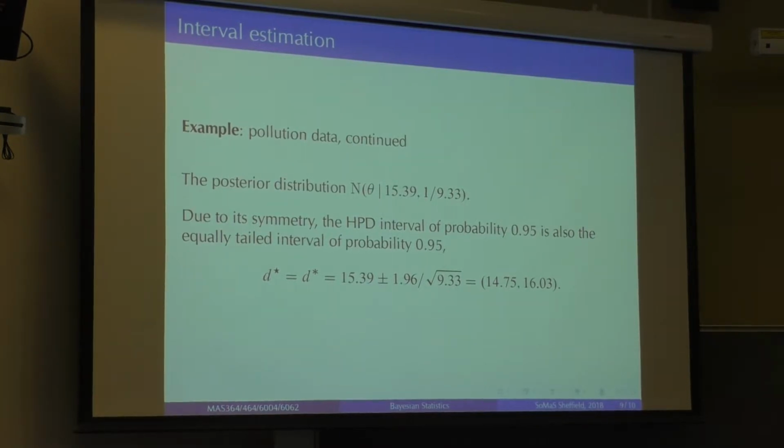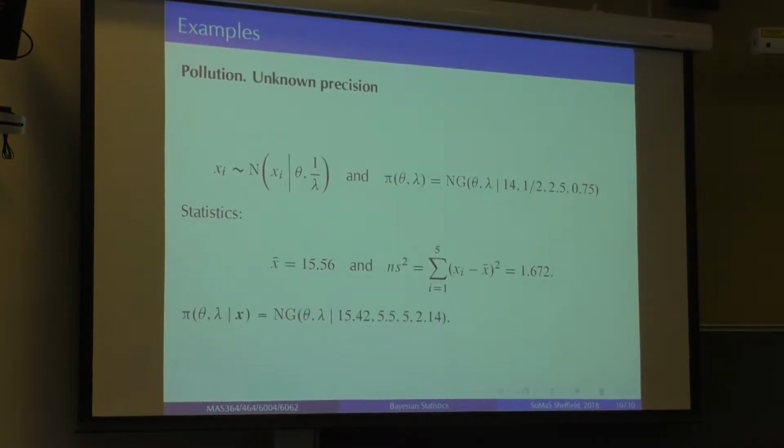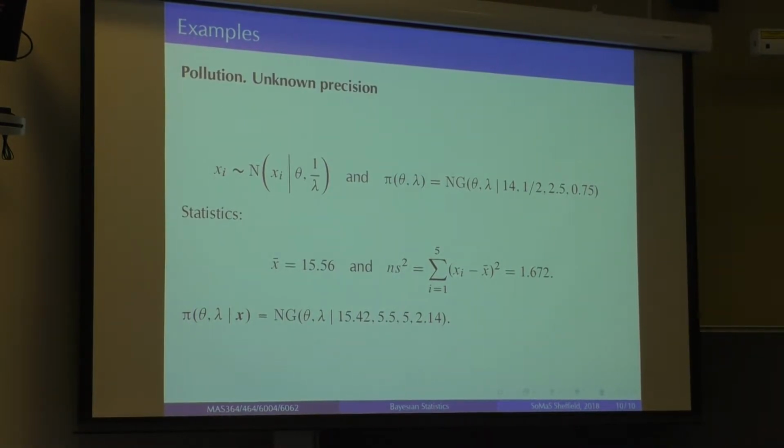One nice characteristic about Bayesian inference is that the approach is exactly the same regardless of the dimension of the problem, right? And that's what I want to illustrate with the extension of this example that we've also done before in the lectures. It's the same example, so we have Gaussian data, but now we're assuming that we do not know the precision.